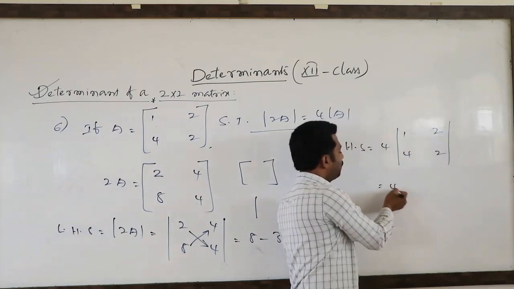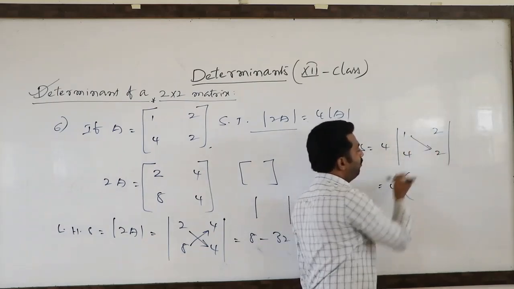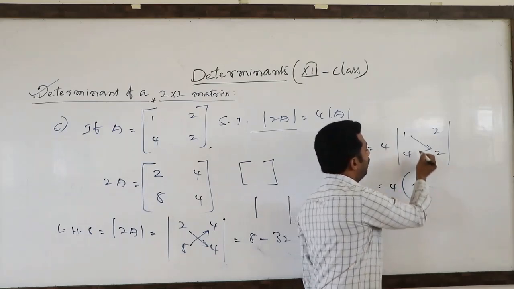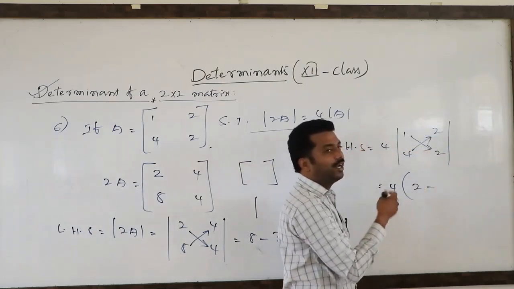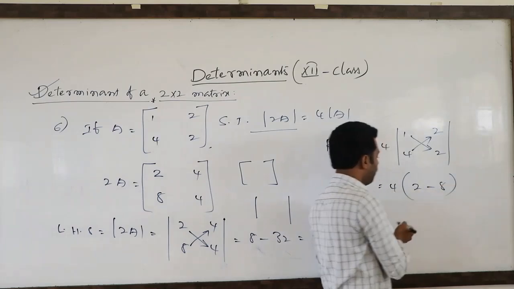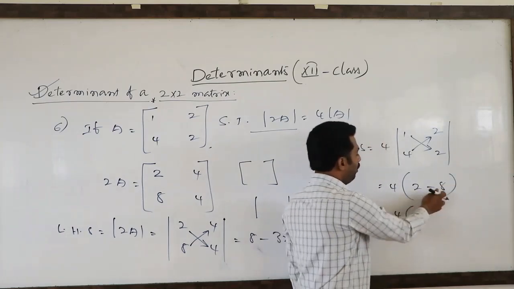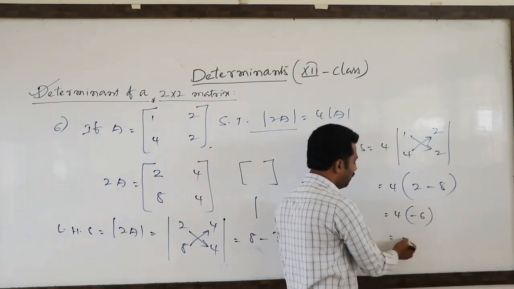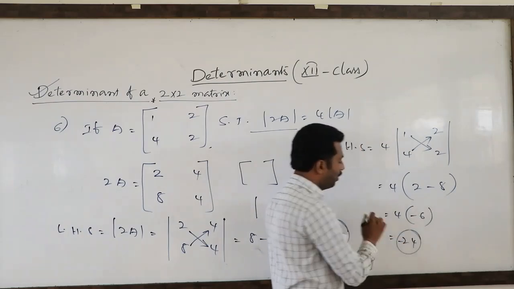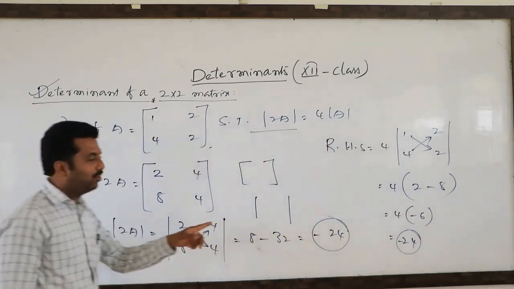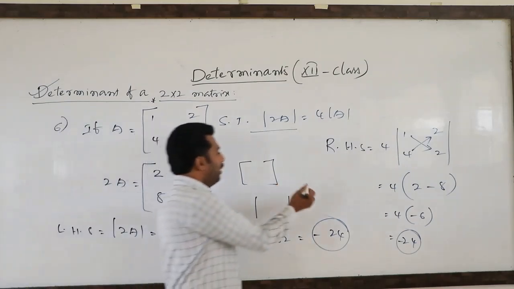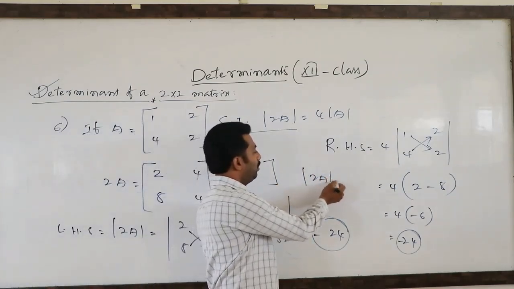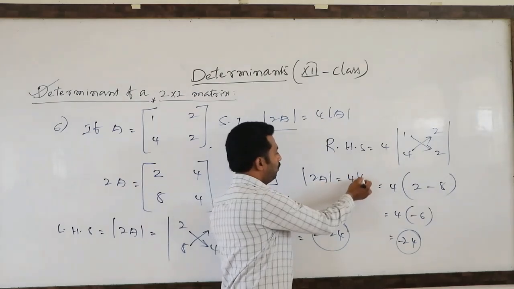So again this is 4 into product of the principal diagonal elements minus product of the non-diagonal elements, minus 8. See here, 4 into minus 6, nothing but minus 24. So both the values are same. So that is, determinant of 2A equal to 4 into determinant of A.